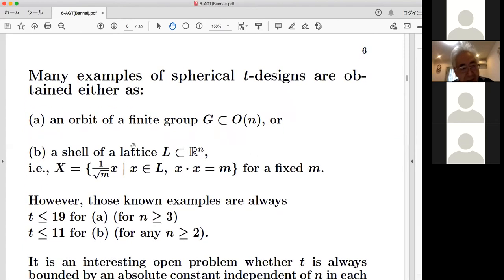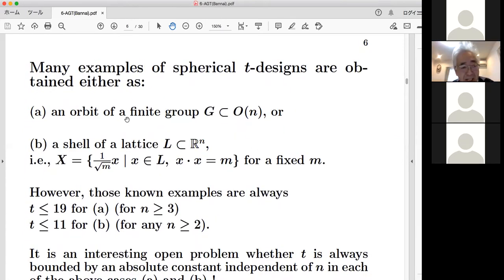But if we just consider examples coming from an orbit of a finite group G or from a shell of a lattice, then all examples we know are bounded by t at most 19 in case A, an orbit of a finite group, and by 11 if we take a shell of the lattice.